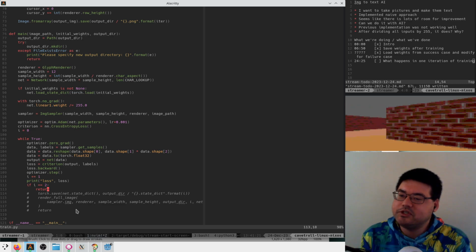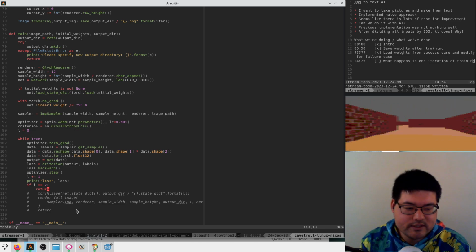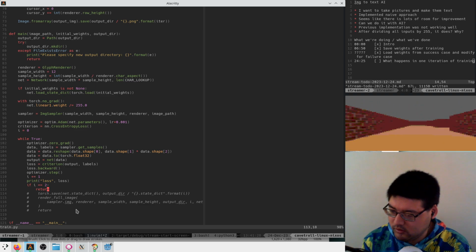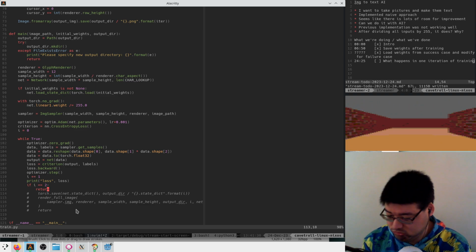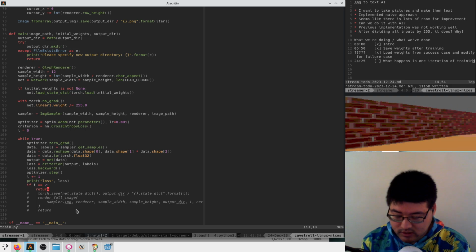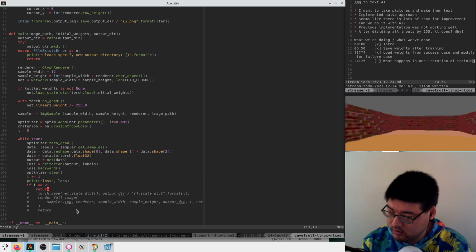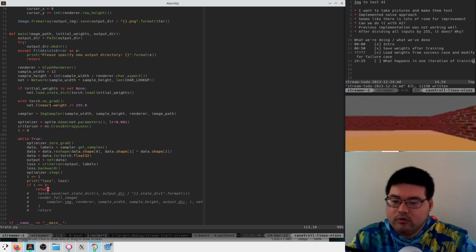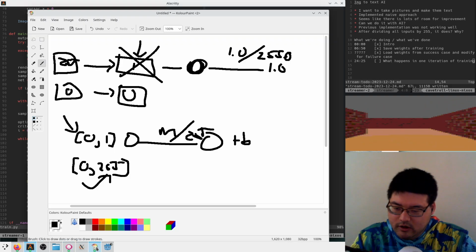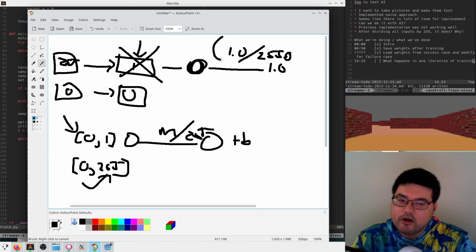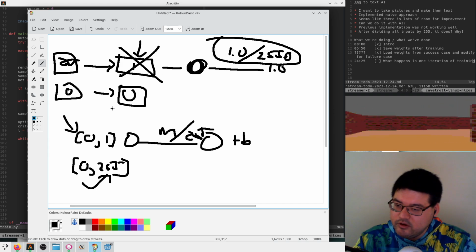So I wonder if it's just that the learning rates need to be extremely low for this case. You could imagine that, how do we say this? Here we have weights that we're dividing by 255.